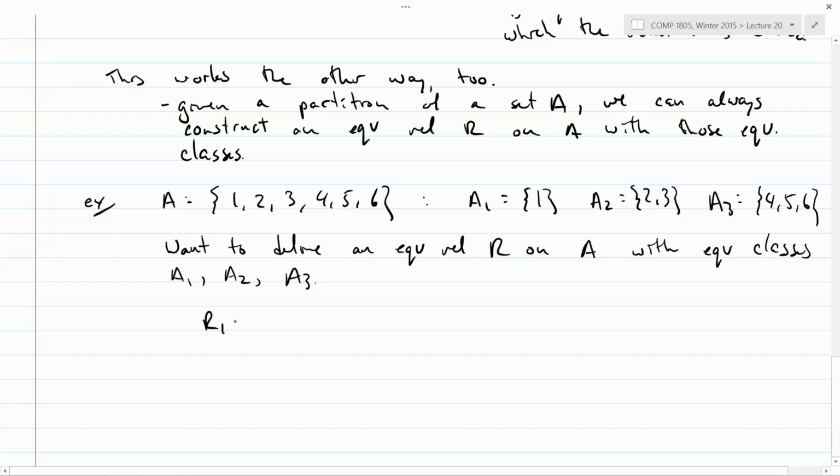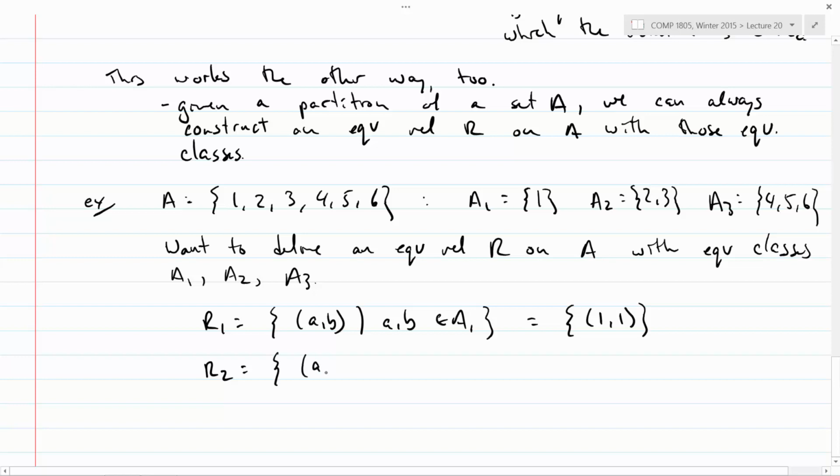So I define R1 to be the following. It's (a, b) such that a and b are in A1. Okay? So A1 is just {1}, so this is just (1, 1). Now I go to R2, and I do the same thing. It's (a, b) such that a and b are in A2. So now I look at A2. A2 is {2, 3}.